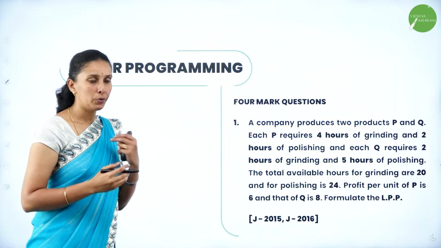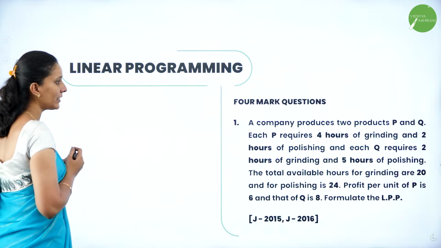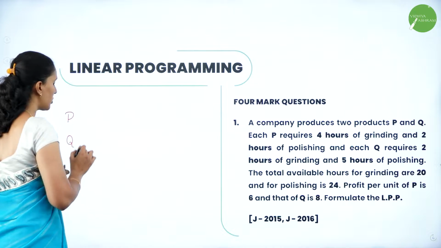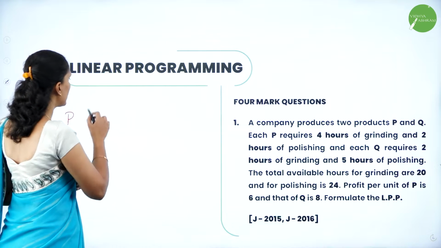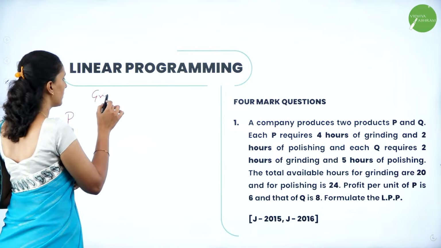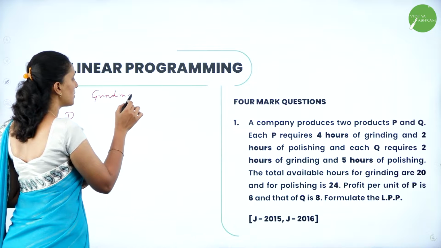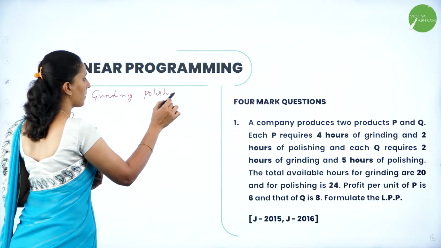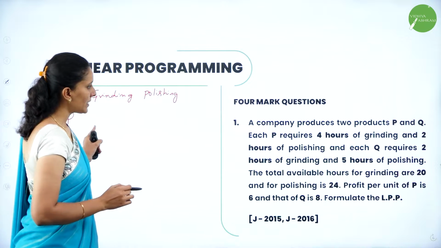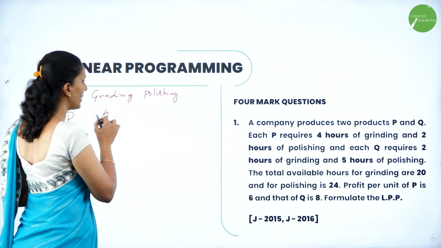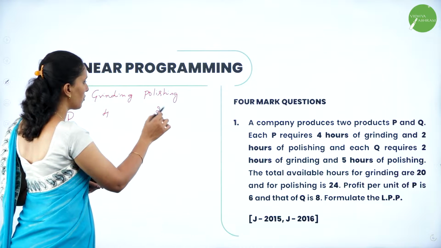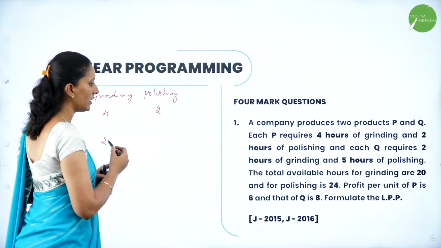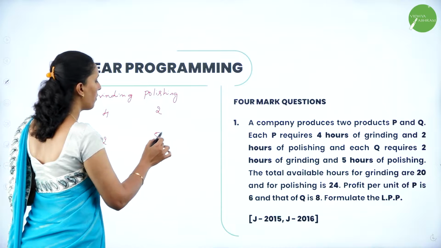So first let us write the data. So we have here 2 products. Let us write the data in a tabular form. So we have product P as well as product Q. Next we have the first process here, grinding, and the second process is polishing. So product P takes 4 hours of grinding and 2 hours of polishing, whereas product Q takes 2 hours of grinding and 5 hours of polishing.